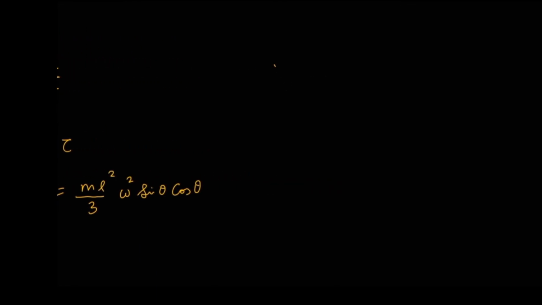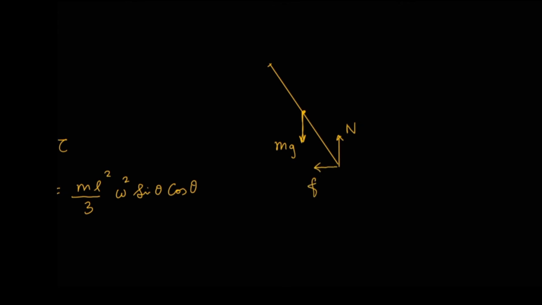Now see the forces acting on the rod. There is no force at this free end, because it is simply free. Apart from that, the weight of the rod will act at its center, there is a normal from the disc, and there is a friction from the disc. So these are the forces acting on the rod.